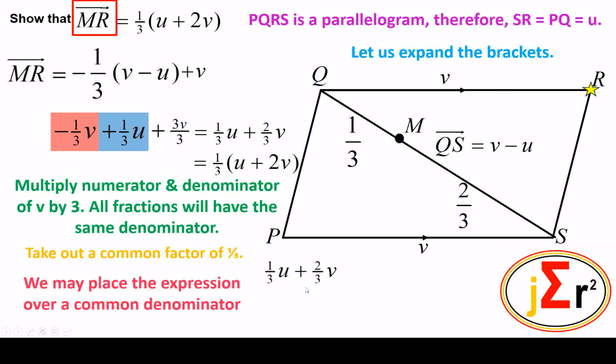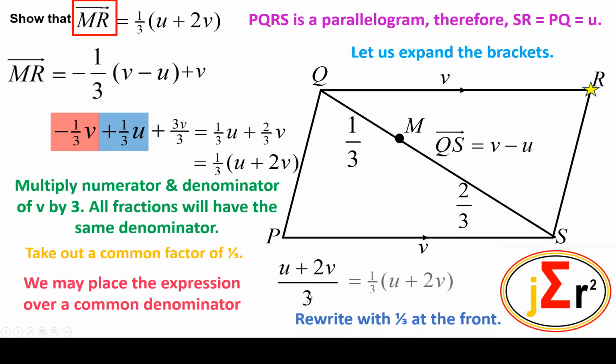So there's no groping to find a common denominator. And after doing that, we may place 1/3 at the front and U plus 2V in brackets. And that will be the same as the expression that we have right there, which is the required form of the vector MR.